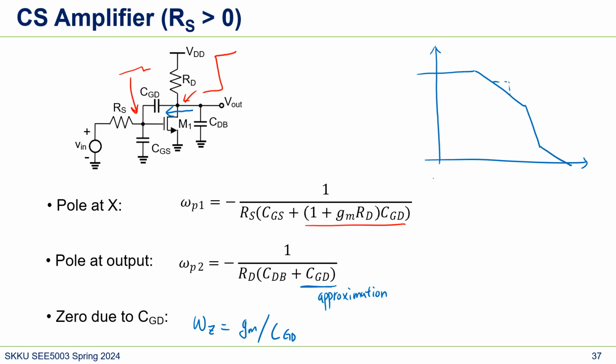Here would be 20 dB, here would be minus 40 dB, and here minus 20 dB again. Here is WZ, using an absolute value, then WP2, and here is WP1.